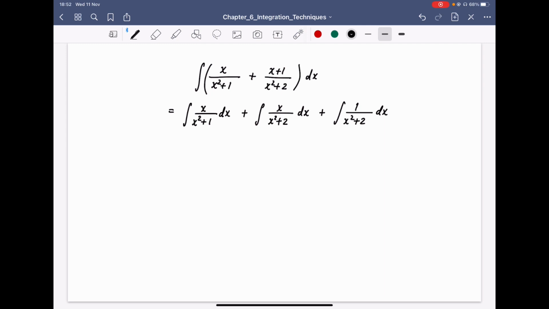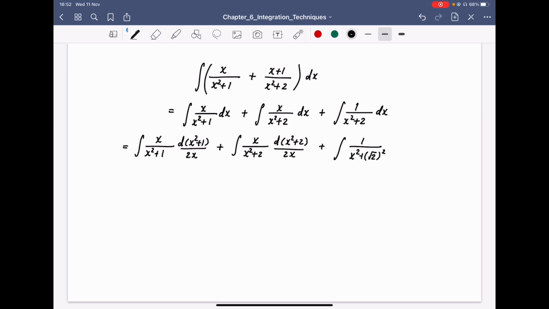All right, we are going to use substitution first. So this is d of x squared plus 1, so I'm going to have 2x here, then plus integrate x over x squared plus 2 d of x squared plus 2. So I'm going to have 2x here, and then plus, the last term, you can say this is integrate 1 over x squared plus square root 2 squared.